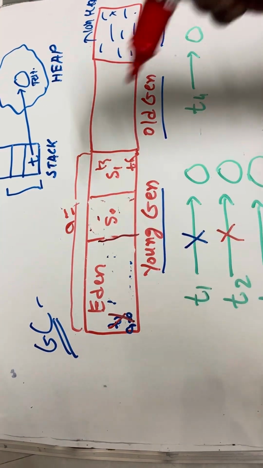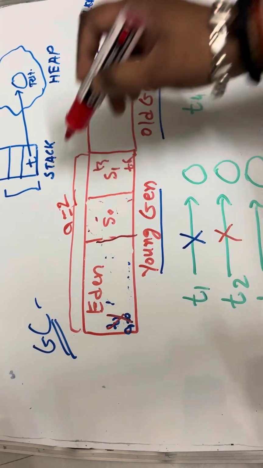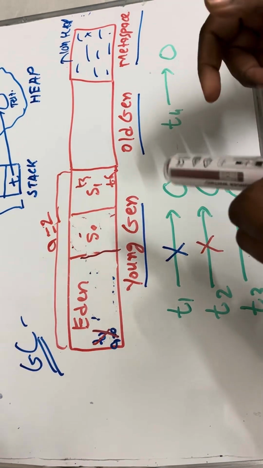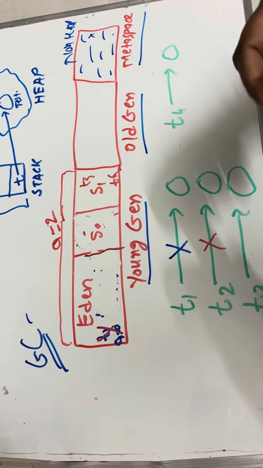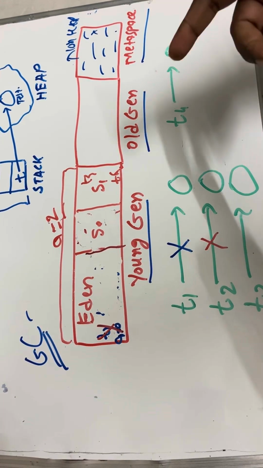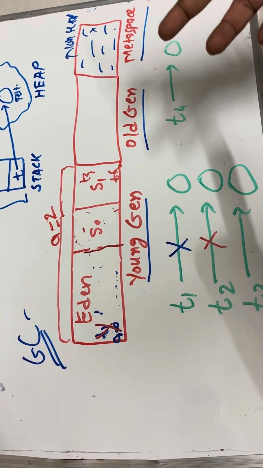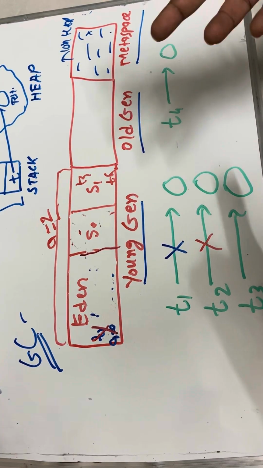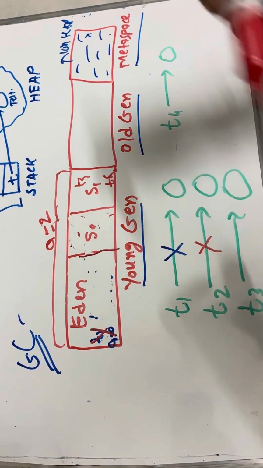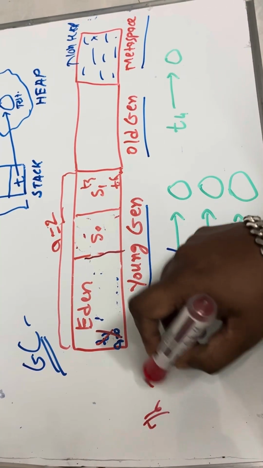Ideally in the JVM there is always an age associated with each object. We simply call this the age threshold. Whenever that age threshold is reached, after that if any object survives the garbage collector, in the sense the minor GC, then it will move to the old generation. For simplicity, let's assume our threshold is 2.